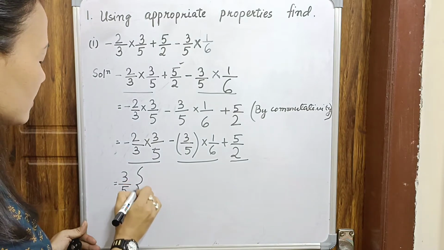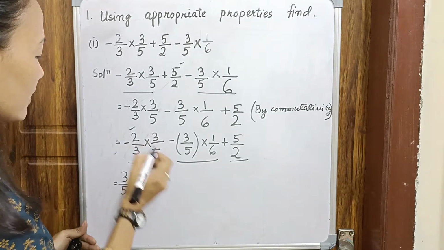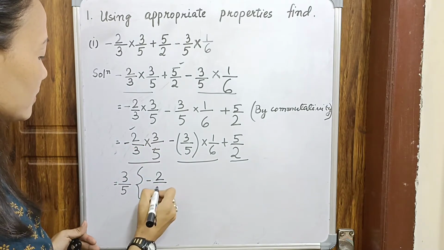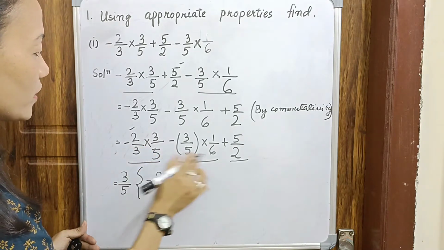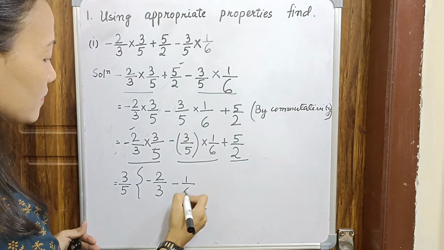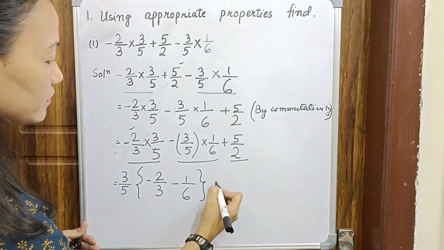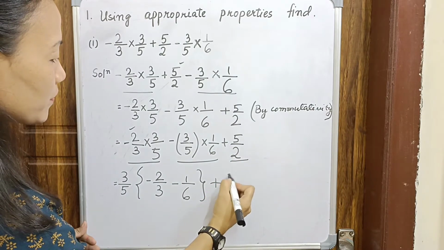So what remains is, here we have minus, don't forget to see the sign, minus 2 by 3, and here we have minus 1 by 6, and here plus 5 by 2.